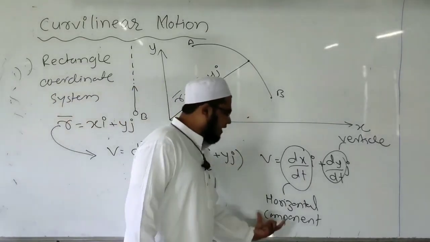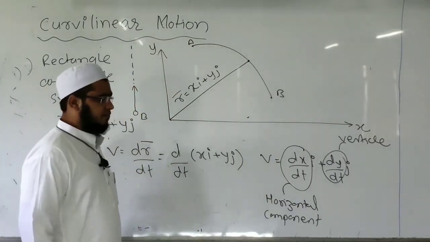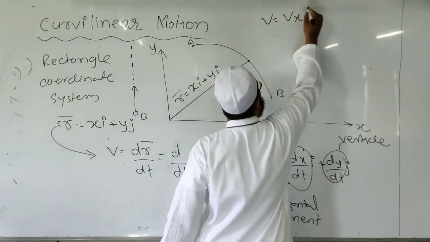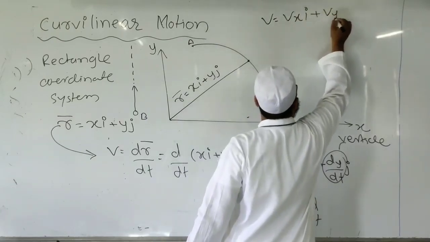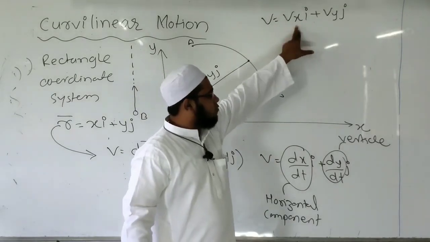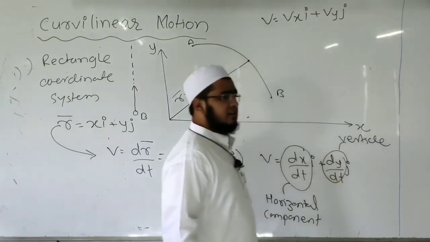And horizontal and vertical components are perpendicular to each other. This equation I can write as v equal to vx i plus vy j, where vx is equal to dx by dt and vy is equal to dy by dt.